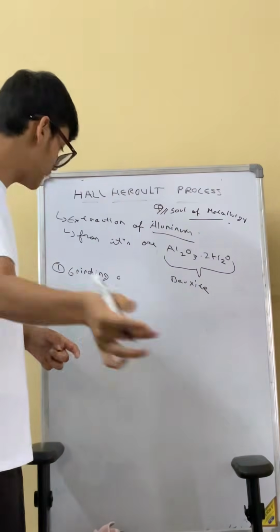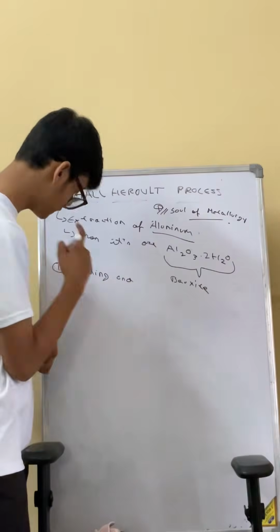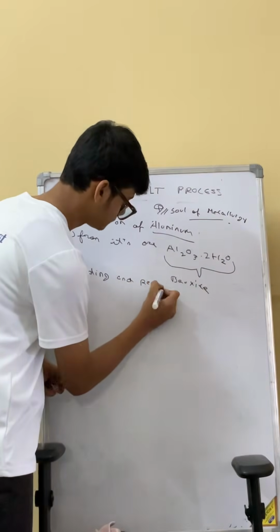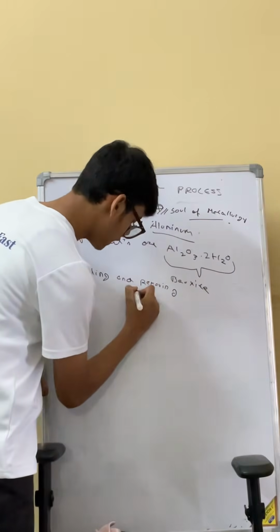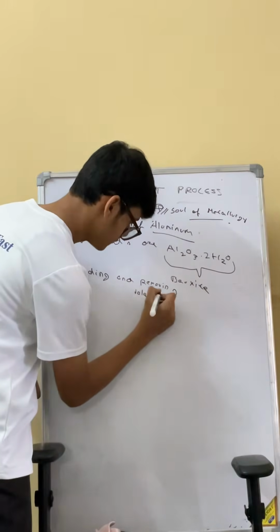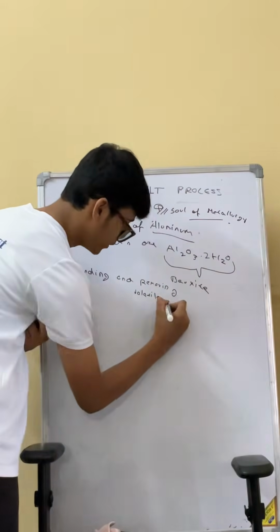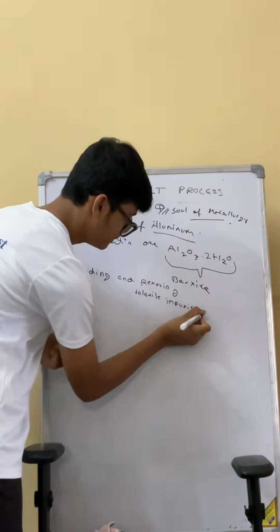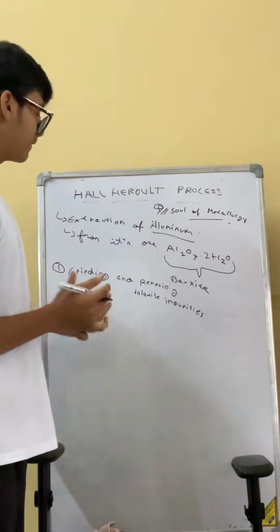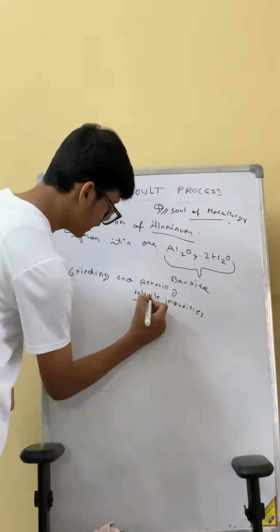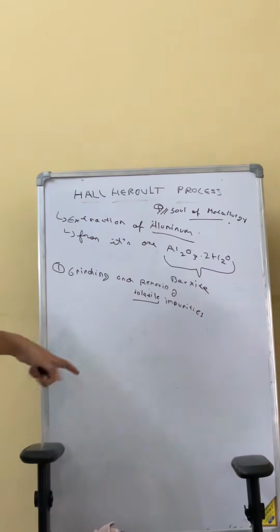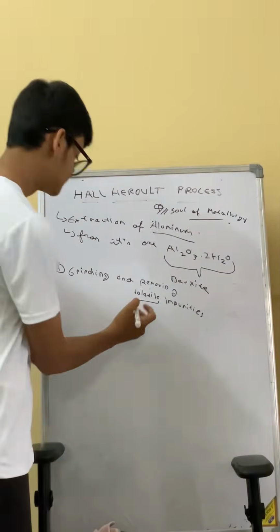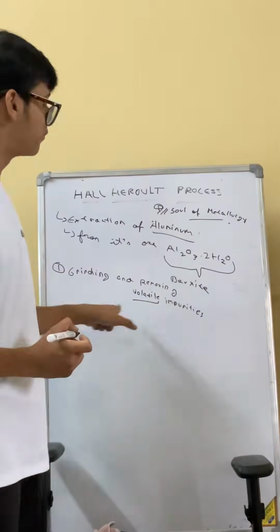I'll explain it to you in a second. I hope you guys are catching up till now. So pardon my writing, but you will have to bear with it. Grinding and removing volatile impurities.